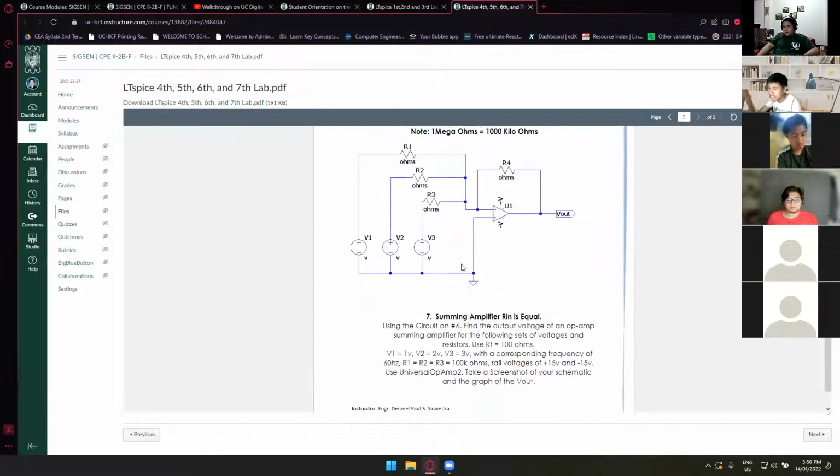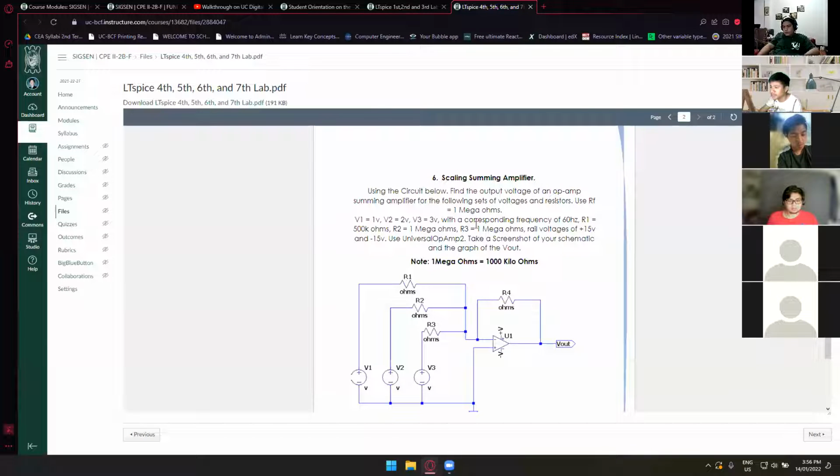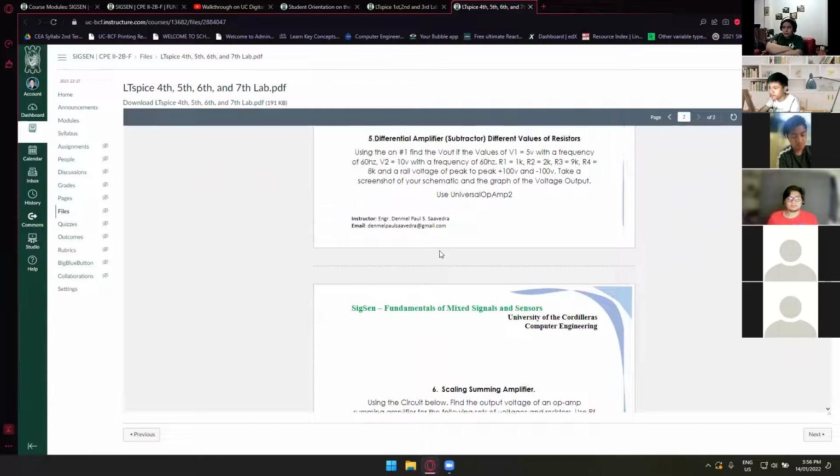And then for the number 6 and 7, they are both summing amplifier. But again, in here we have different values of resistors. But in here we have equal value of your resistors. So R1 is equal to R2 is equal to R3, which is 100K ohms. So those are the differences.